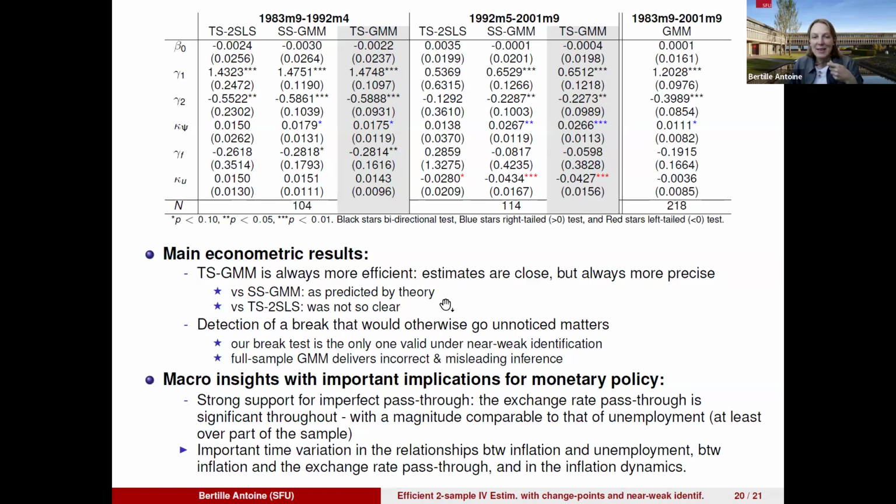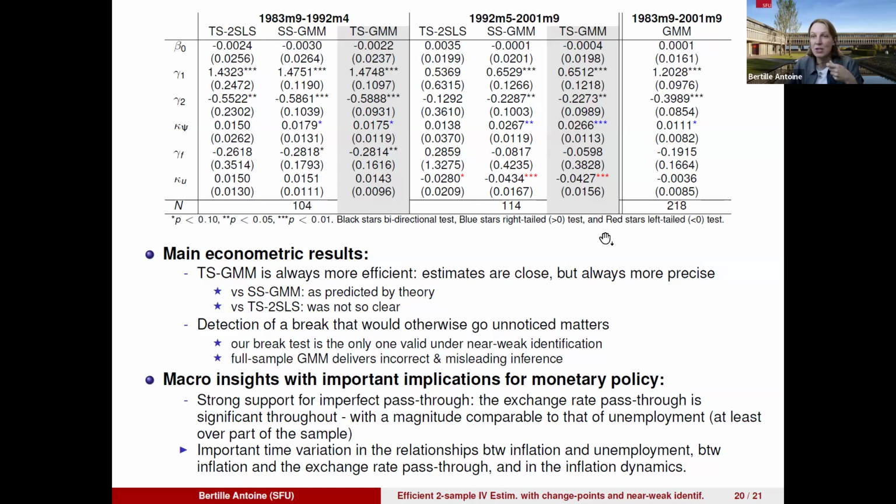Now, the time variation that we observed between pre-1992 and post-1992, I'm no macro expert, but it is definitely striking how the estimates change from one sample to the next.